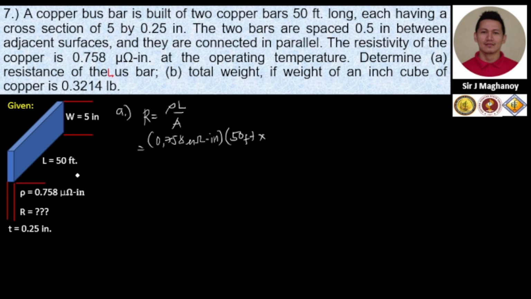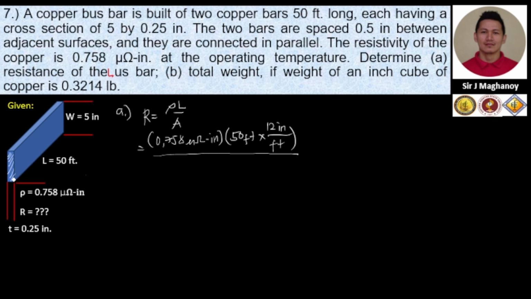Okay, then we do minor conversion since our resistivity is in inch, so we need to convert feet to inch. In every feet there are 12 inches. That is for our length all over the cross-sectional area. For our cross-sectional area, we need to determine the cross-sectional area of our bus bar, which is equal to this portion.